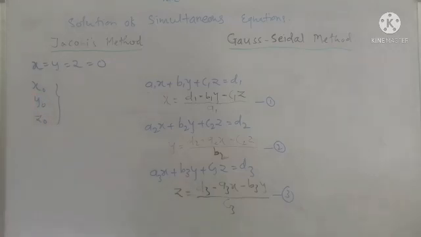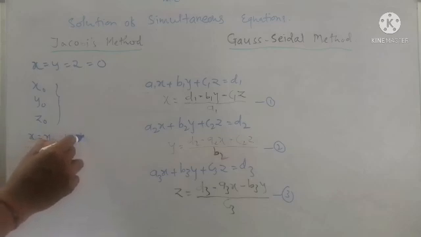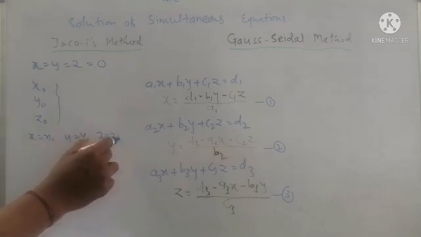These are the initial roots, or first approximate roots. If they are the roots, that means these values satisfy the given system of equations, then we stop the process. If these are not the roots of the given system of equations, then we continue the process. For that we take the second iteration. Now the value of x will be x naught, y will be y naught, and z will be z naught.